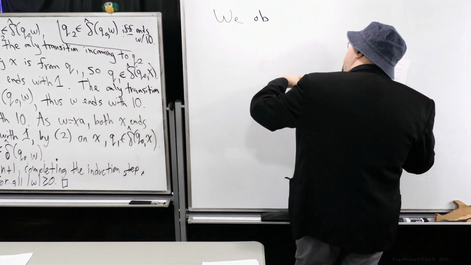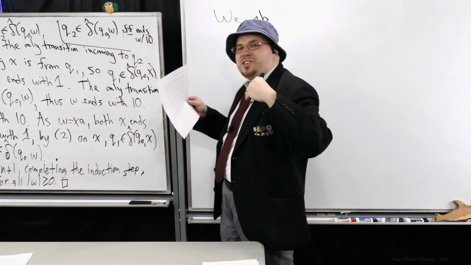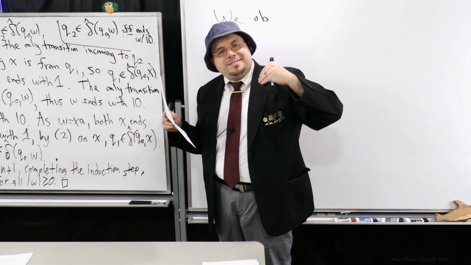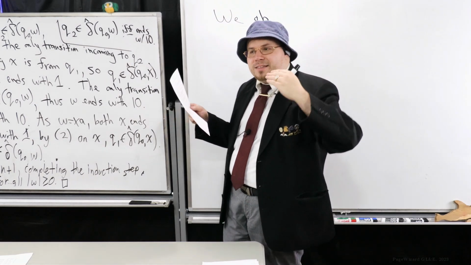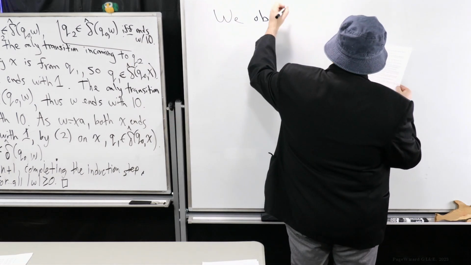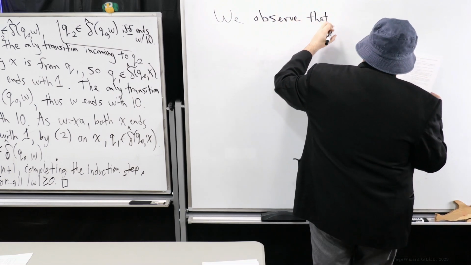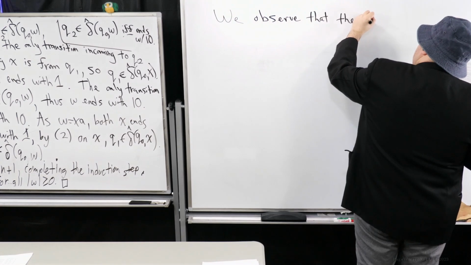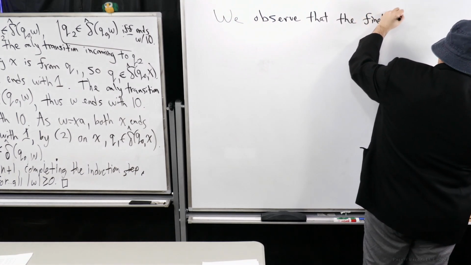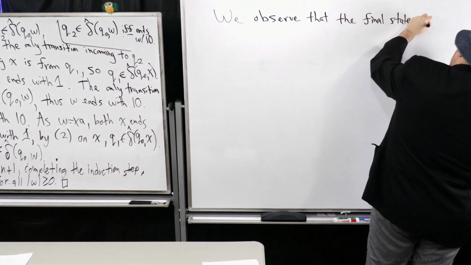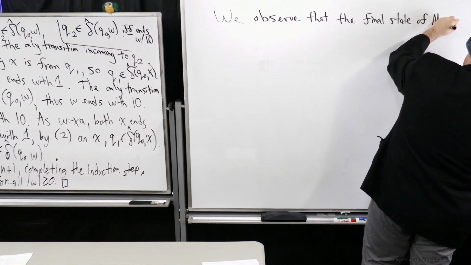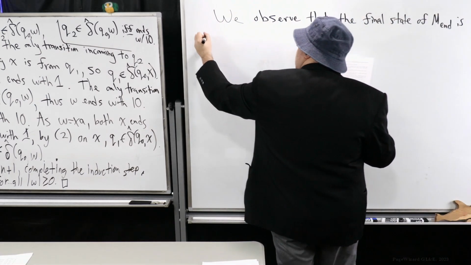This is now a new part of this. If you need this to be in your proof of proving the correctness, I'm going to give you the argument first, then I'll state the theorem. We observe that the final state of M-end is Q2.